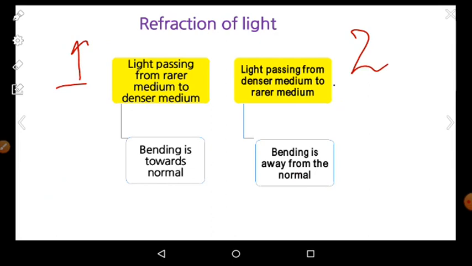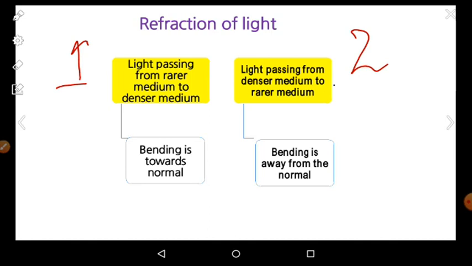How does it bend? How does the change occur in the direction? In the first case, when light is traveling from rarer medium to denser medium, we can draw a normal to the surface. Then the light ray bends towards the normal. In the second case, at the boundary, the light ray bends away from the normal.